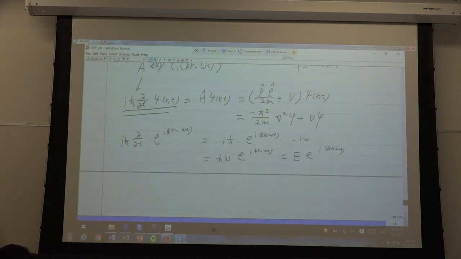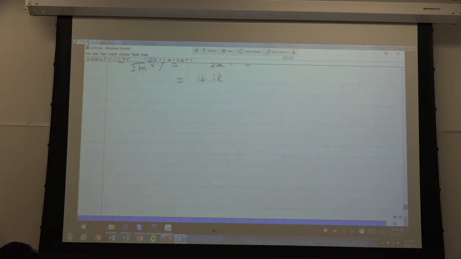This is the left side. The right hand side: h bar squared over 2m Laplacian operator acting on e to the i (kr minus omega t). We do this twice, just ik, because this is r.